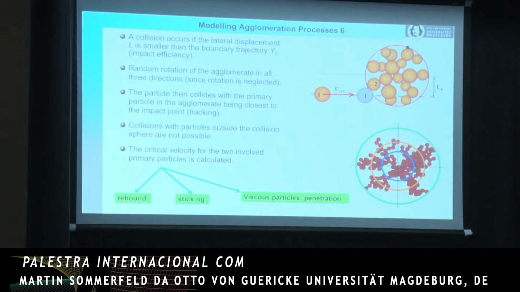We do not track the rotation of the aggregate, which is possible but makes it more complex. Before we attach the new particle to the aggregate, we do a random rotation. So this is done, and now we find particle number 2. So this new particle collides exactly with particle number 2, and now we just have to check whether it's sticking or not. Okay?